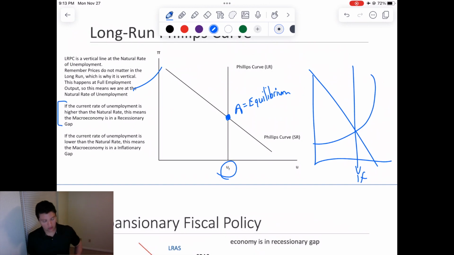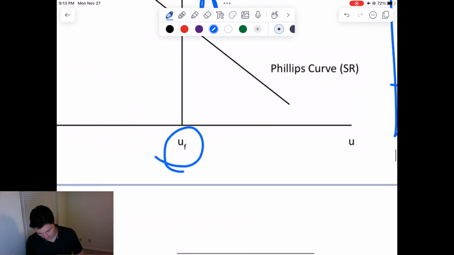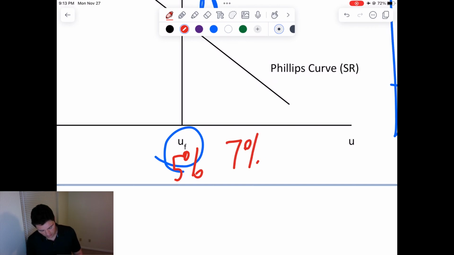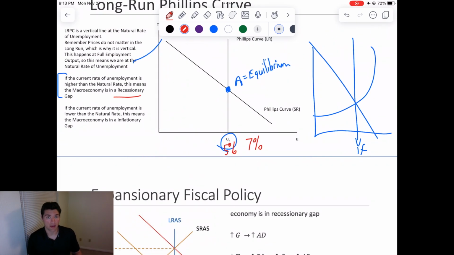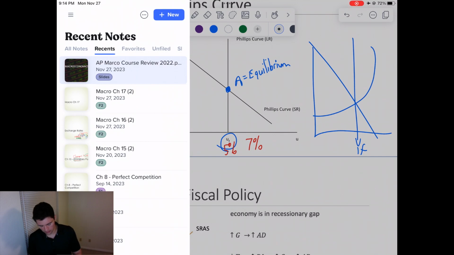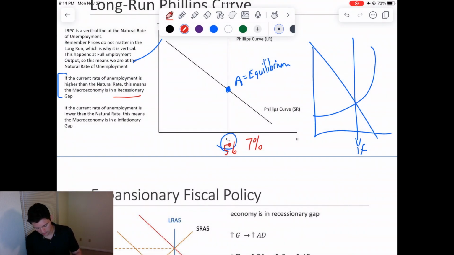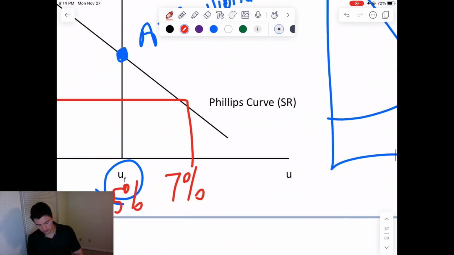Now, if the current unemployment is higher than the natural rate, so like this is 5%, and your current is 7, this means you're in a recessionary gap because you have high unemployment. Okay, so therefore, this would be your recessionary gap. So you're in a recession.